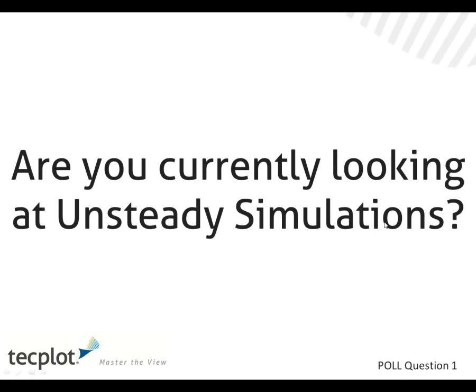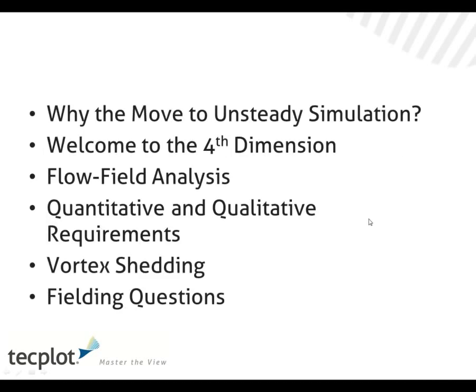I wanted to put this in context for a moment. Today we're going to talk about why people are moving to unsteady simulations. In addition, we're going to spend some time talking about the challenges with moving from 3-dimensional to 4th-dimensional data, or in fact, it could be multidimensional depending on what you're looking at. We'll talk about some of the analysis changes, things that you need to do in the flow field that are different.